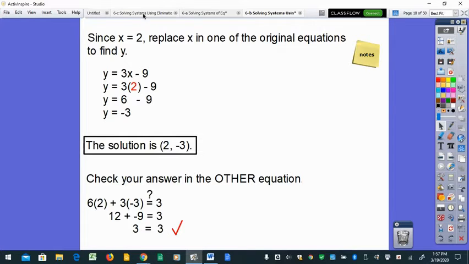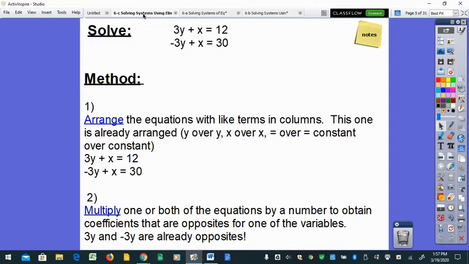The final method that we learned was called elimination. And we had a system like this, and we said if it was arranged properly, so the y over the y, the x variable over the x, the equals over the equals, the numbers over the numbers. If you look at this, it's arranged properly.